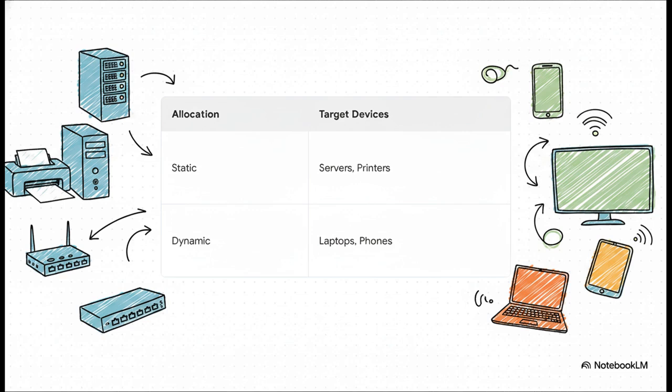They join, suspend, and leave the network constantly, so they absolutely require the automated efficiency that a DHCP pool provides. But looking at the other category, core infrastructure demands strict, static reliability. Devices that must always be reachable at the exact same predictable address point. I'm talking about your file servers, internal routers, managed network switches, and yes, network printers. These absolutely require a permanent, static IP assignment.